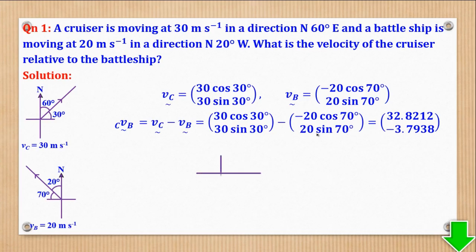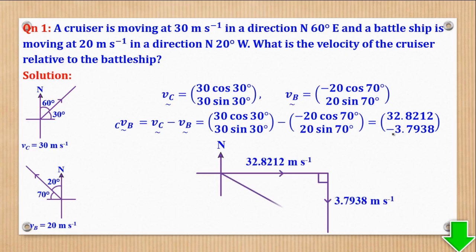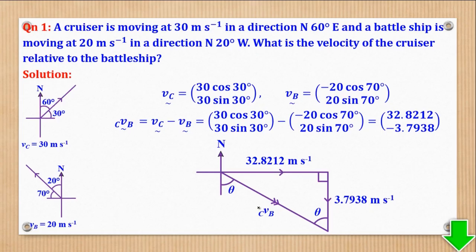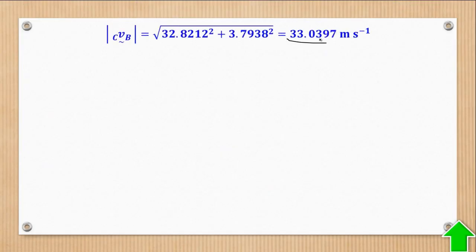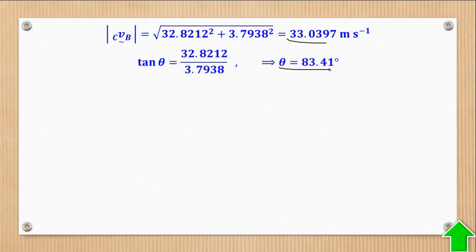So after that, we have to get the magnitude and direction. So positive horizontal is to the right, negative vertical is downward. The line joining start to end is the result, the relative velocity they want. So that means we can use SOHCAHTOA and also Pythagoras theorem to get magnitude and direction. So Pythagoras theorem gives you the magnitude as that, then SOHCAHTOA gives you the angle as that.